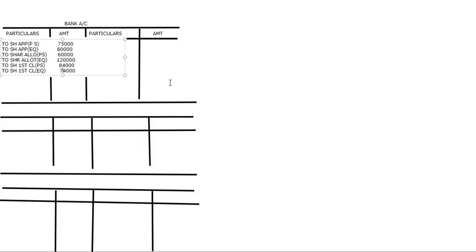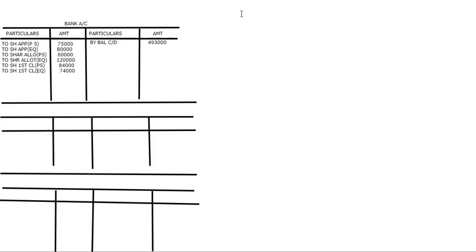Now I'm going to add all these things and post it this side. So how much is it? 75,000, 80,000, 60,000, 1 lakh 20,000, 84,000, 74,000. So on this side I'll write balance carry down. It is 2 lakhs. No, not 2 lakhs, 4 lakhs 93,000.